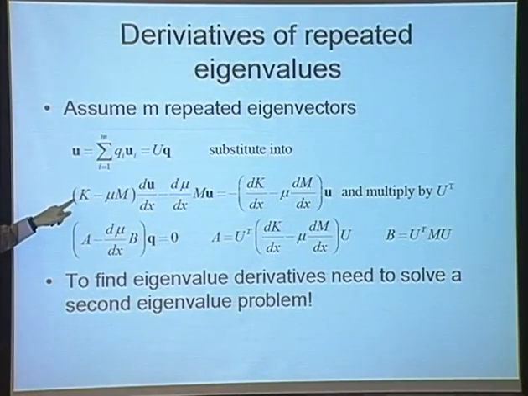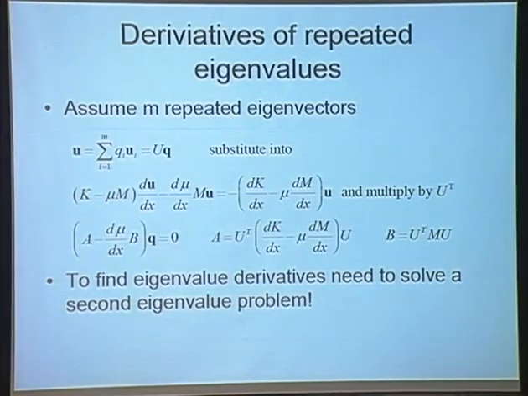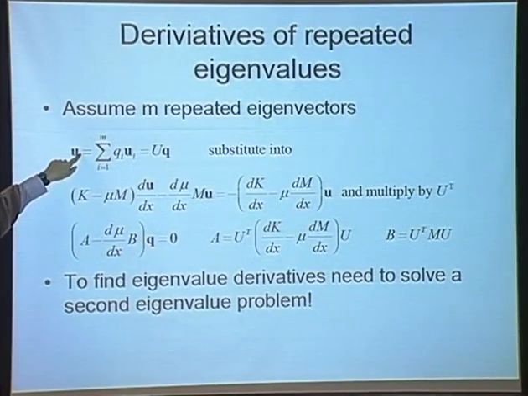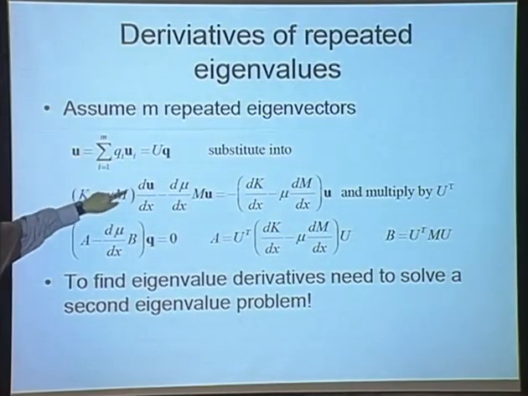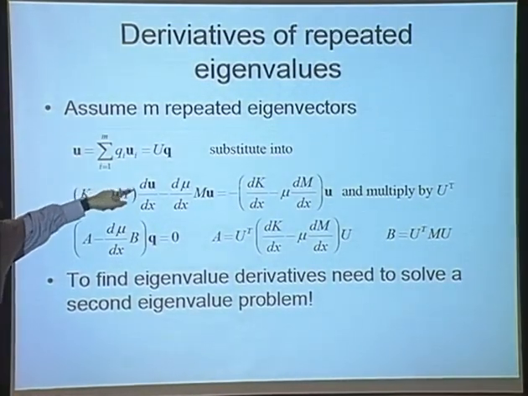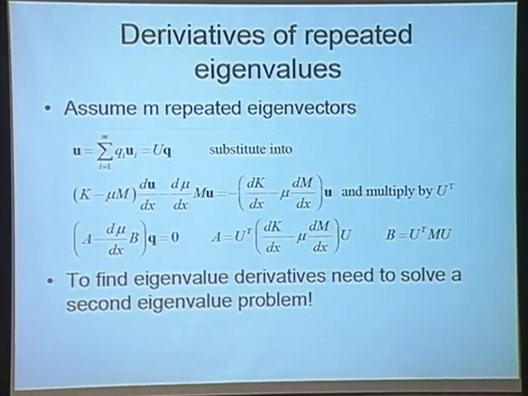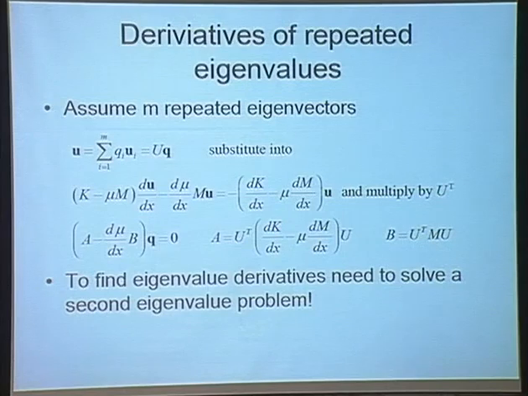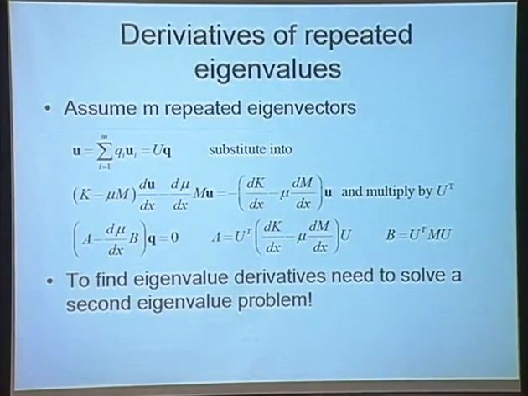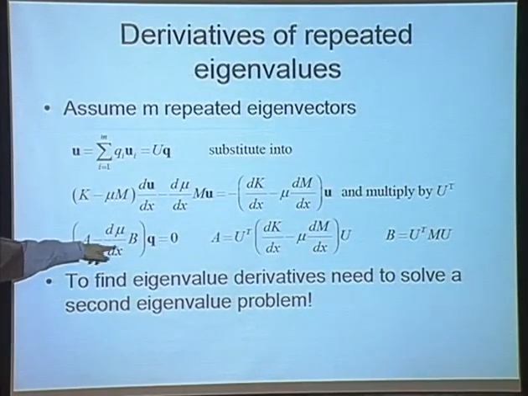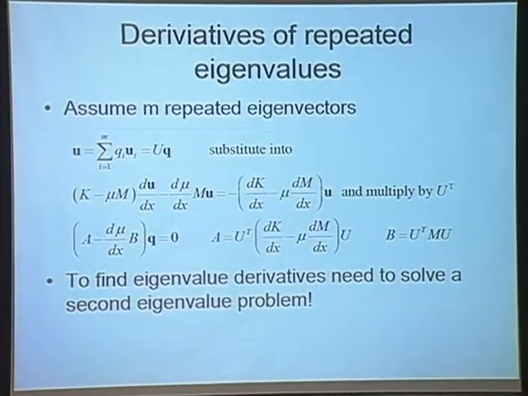Here is the derivative equation that we had to begin with. We derived it last time. And so I'm going to substitute u here and for the du/dx and everything, and I'm going to multiply by u transpose. And if you do that, you end up with this eigenvalue problem.